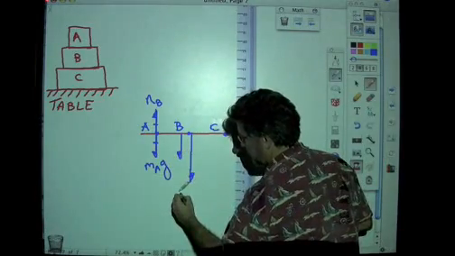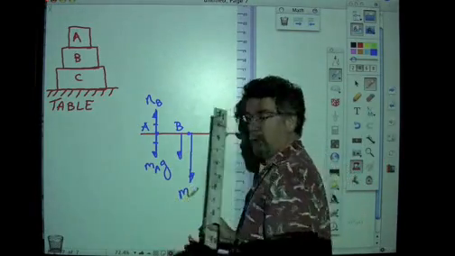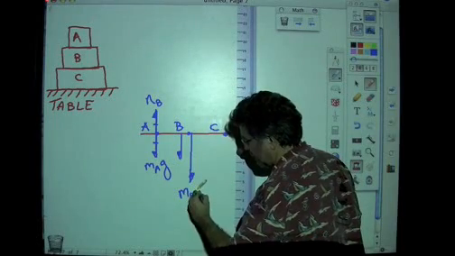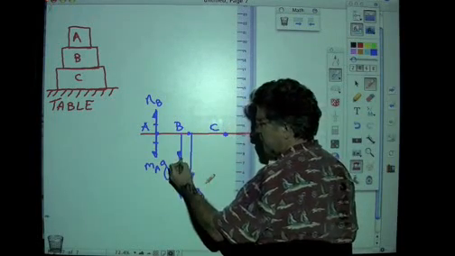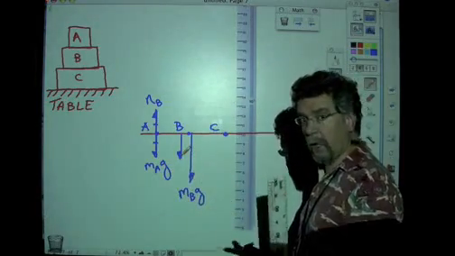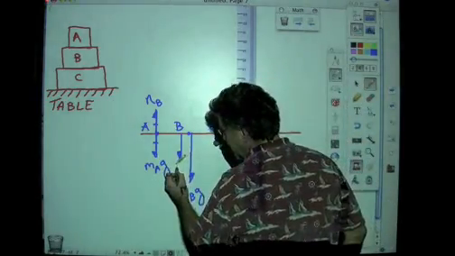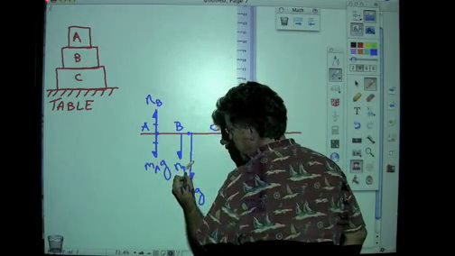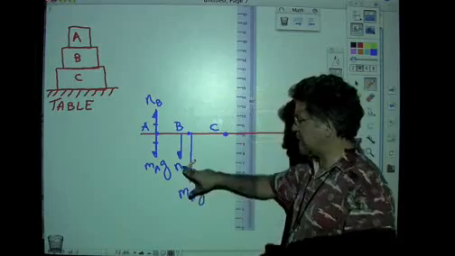So I have this is the actual weight from Earth. The effect that Earth has on B, so it's MBG, and this is the normal from box A above, or sometimes called the overburden. And the overburden on B then is the normal, and the source of that is A. Now, some of you have been saying that's MAG.